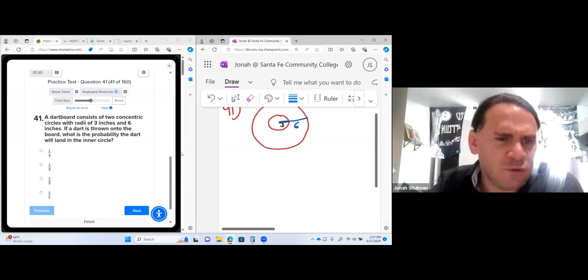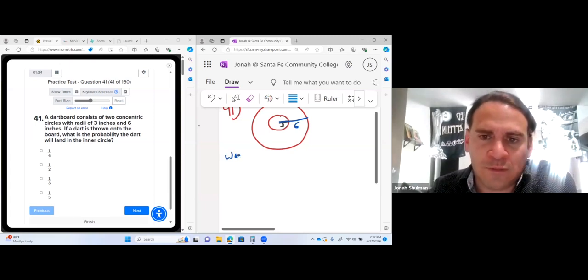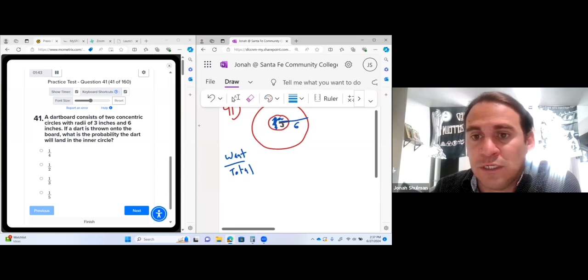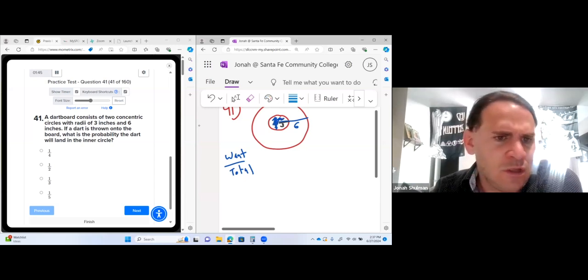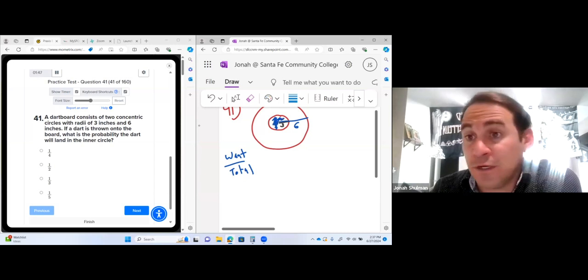If a dart is thrown onto the board, what is the probability? So it's whatever we want over the total for probability. What is the probability it will land on the inner circle? The inner circle. Okay, so we want to know just this inner circle. So let's figure it out. So the total is actually out of not six.